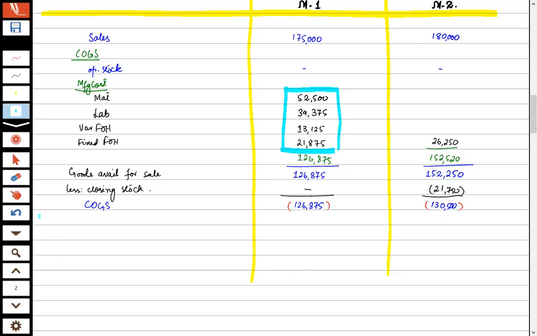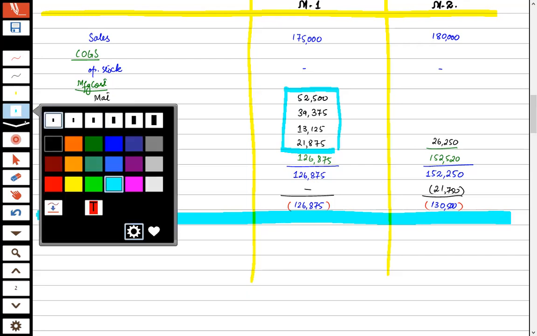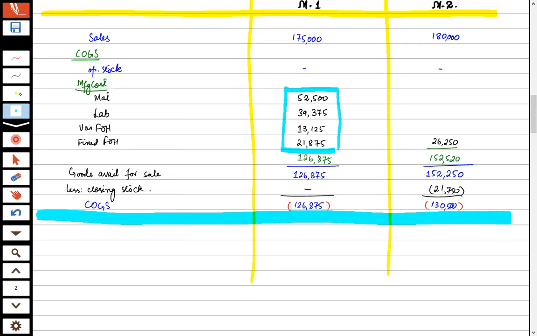I am first highlighting. This highlighted line will be very important in absorption costing after cost of goods sold. I am repeating, we have to adjust the fixed overhead applied, over or under, or we have to adjust the fixed overhead variance difference. We may call it difference in absorption costing.